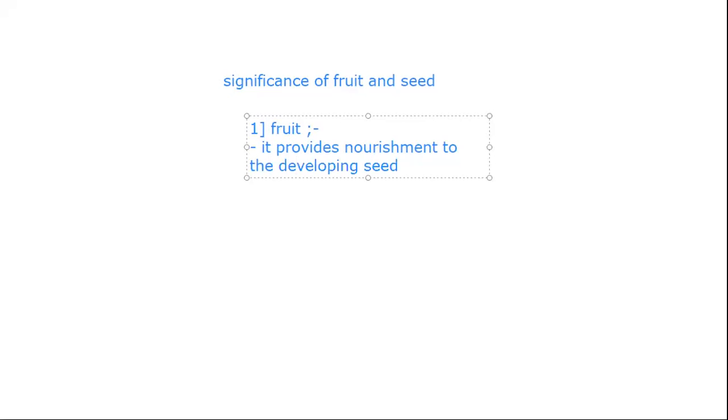It provides nourishment to the developing seed, means fruit. Fruit is actually an aggregate part of the plant body, a reproductive structure, which provides food material. It provides nourishment to the developing seed. The seeds that are developing there, it nourishes them. What does nourishment mean? Nourishment means to provide the nutrients. Okay, to provide the nutrients.